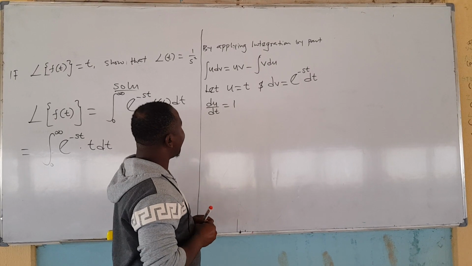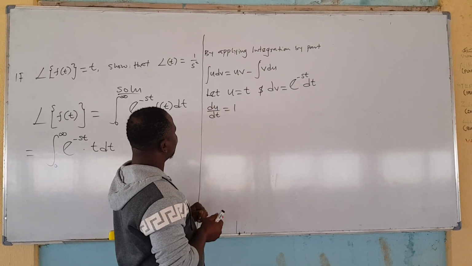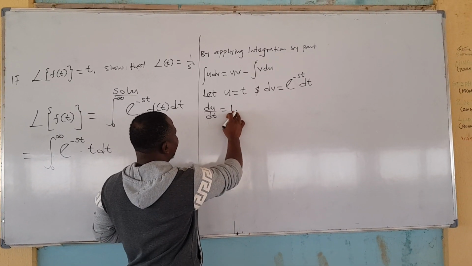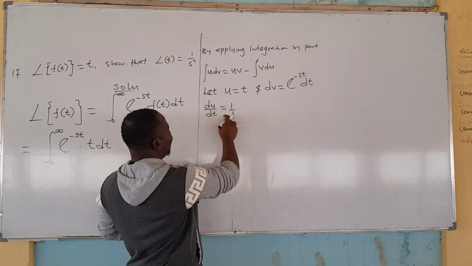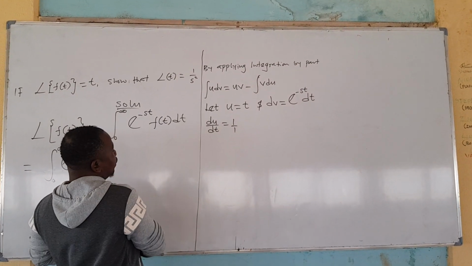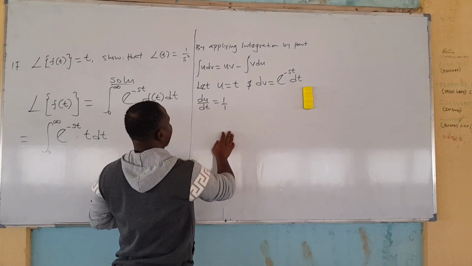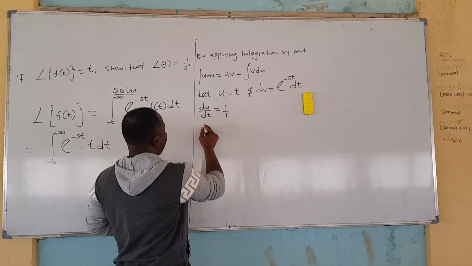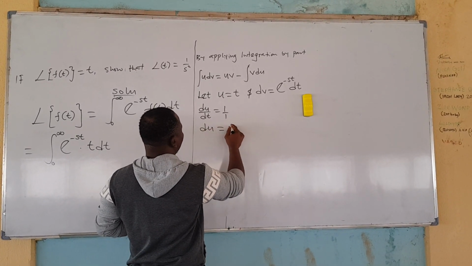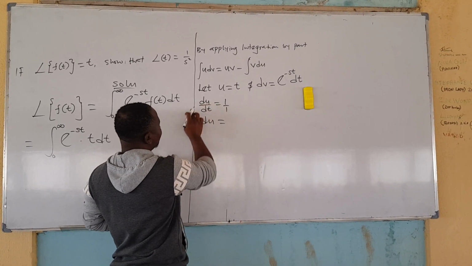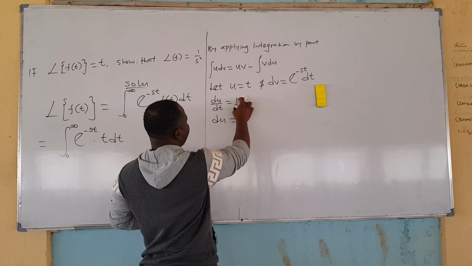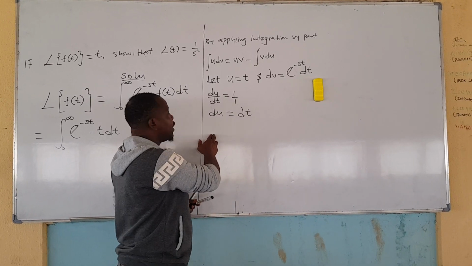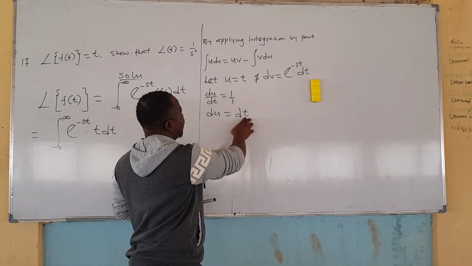Then we are looking for du, not du all over dt. Note that we have an invisible 1 here. It implies that we are going to cross multiply. If we cross multiply, we have du equals this 1 multiplied by dt. So we have obtained our du as dt.